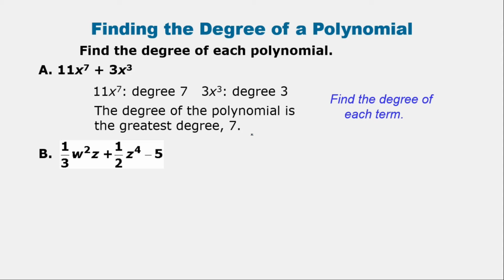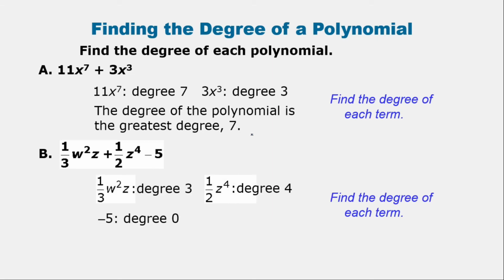On letter B, we have 1/3 w squared z plus 1/2 z fourth minus 5. Again, same step. Let's find the degree of each term. So 1/3 w squared z has a degree of 3. As you can see, there are two variables here. W has an exponent of 2 and z has an exponent of 1.